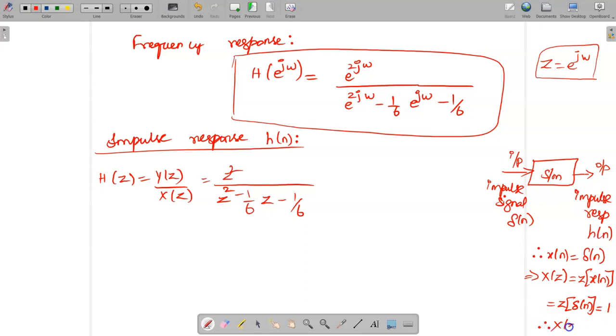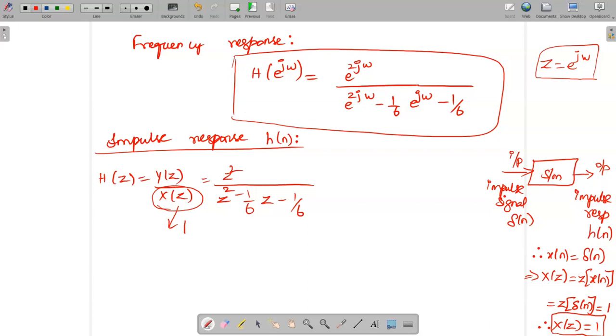So wherever we have X of z, we just replace it with 1. This is what we have to apply in the given expression. So we have determined that X of z is 1. You can memorize that for impulse response X of z is 1, because x of n is del of n.